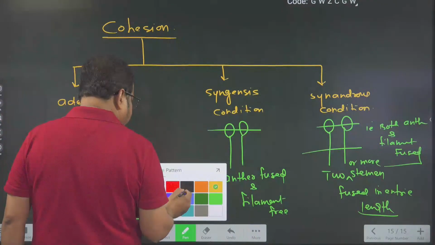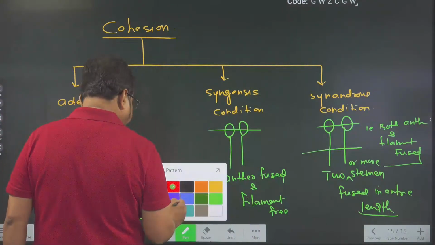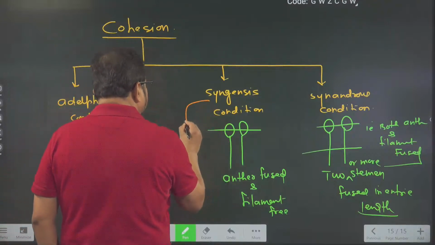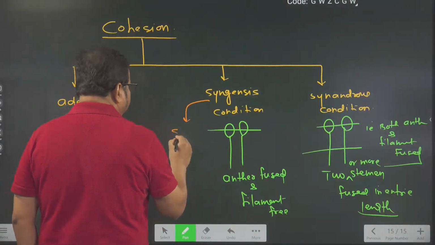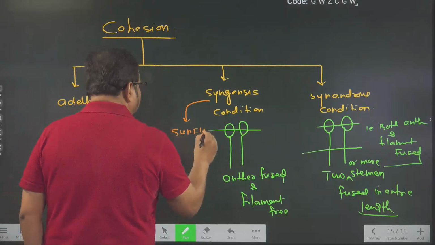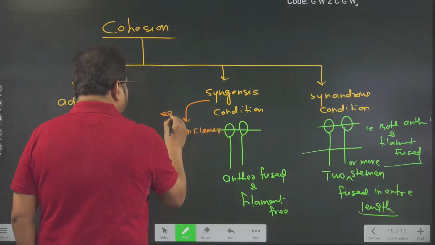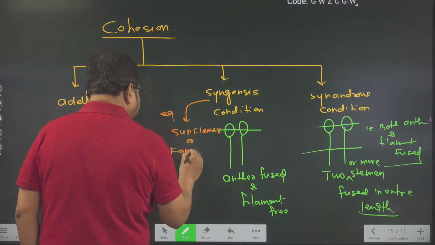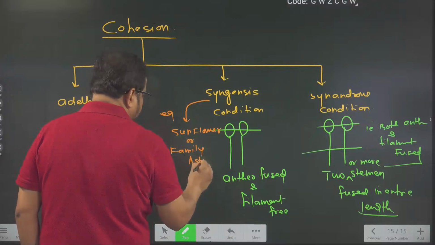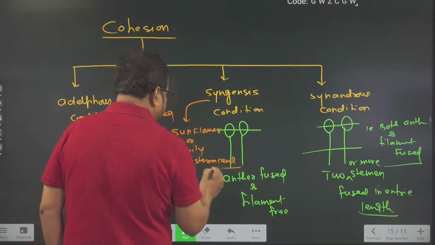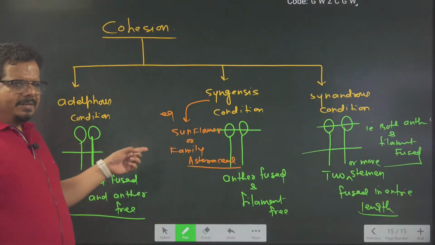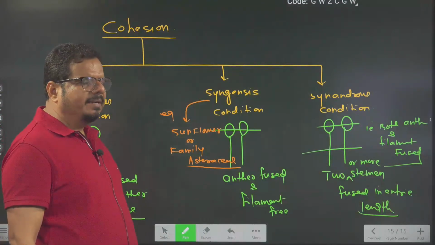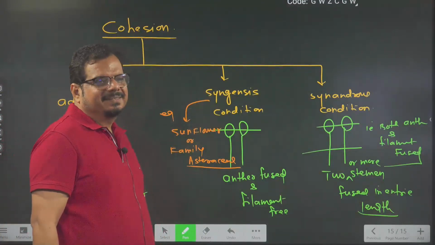Now I am writing the examples. Syngenesious condition example is sunflower, or you can say family Asteraceae. Asteraceae family is in your syllabus, and I also told you it is a very important character of members of family Asteraceae that they have syngenesious condition.